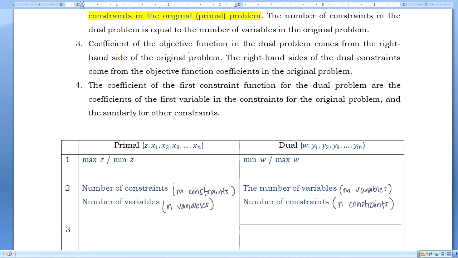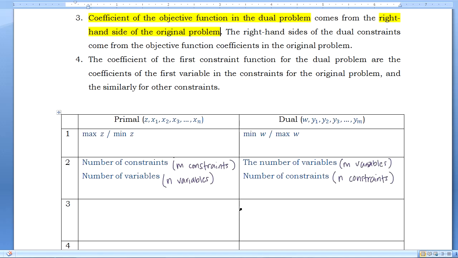Next, the coefficient of the objective function in the dual problem come from the right hand side of the original problem.